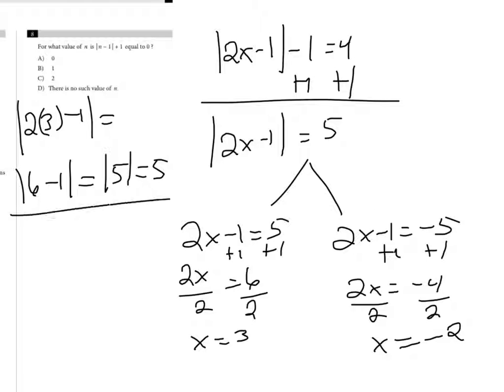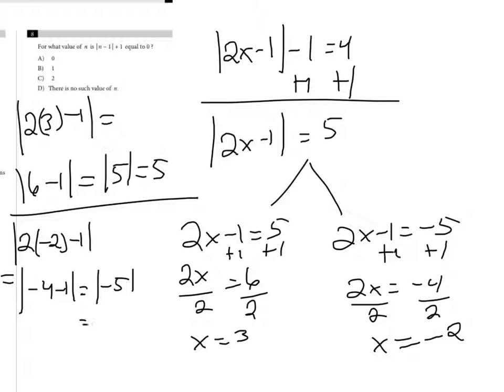Let's try it with this other case. x equals negative 2. So, again, plug it into this equation. So instead of saying x, I will now say negative 2, and minus 1. And ideally, this should be positive 5. So that's negative 4 minus 1. That gives you an absolute value of negative 5. And again, this equals positive 5.